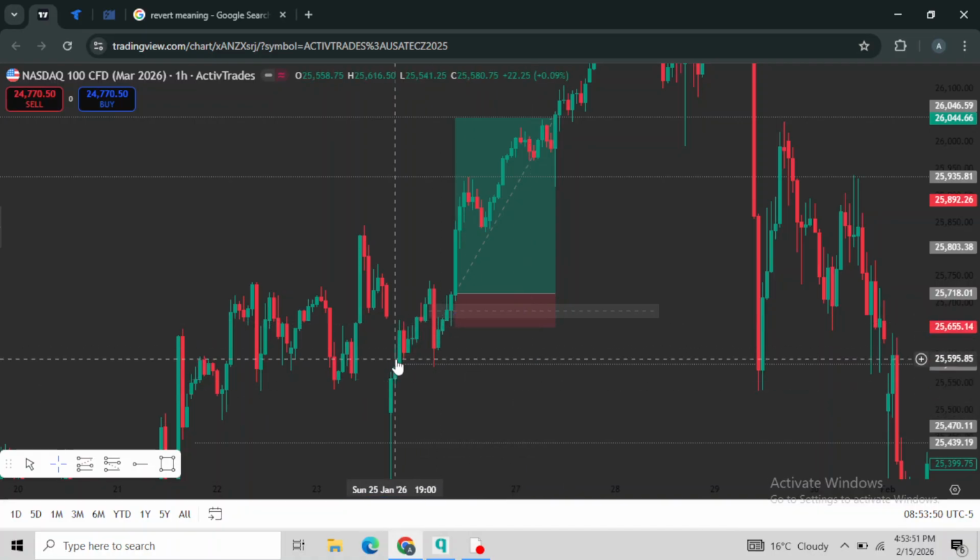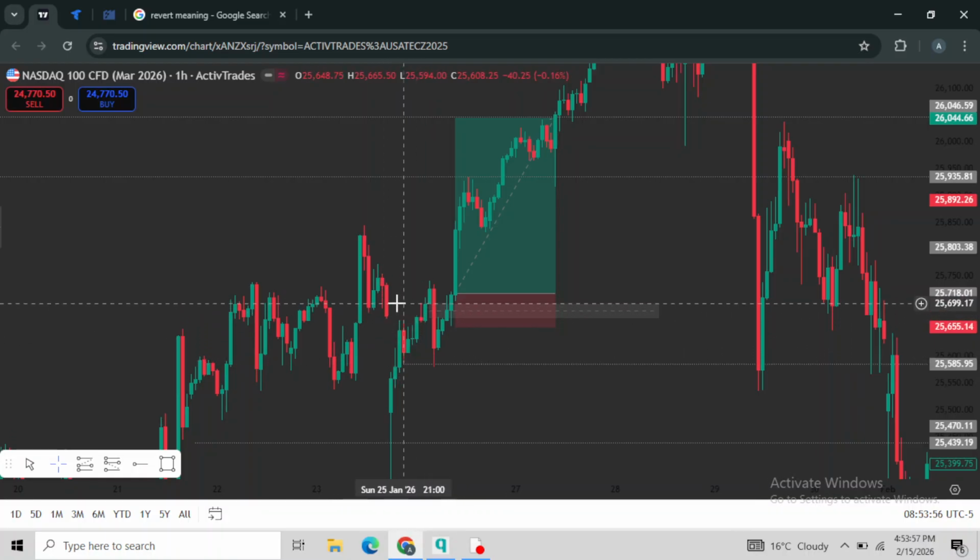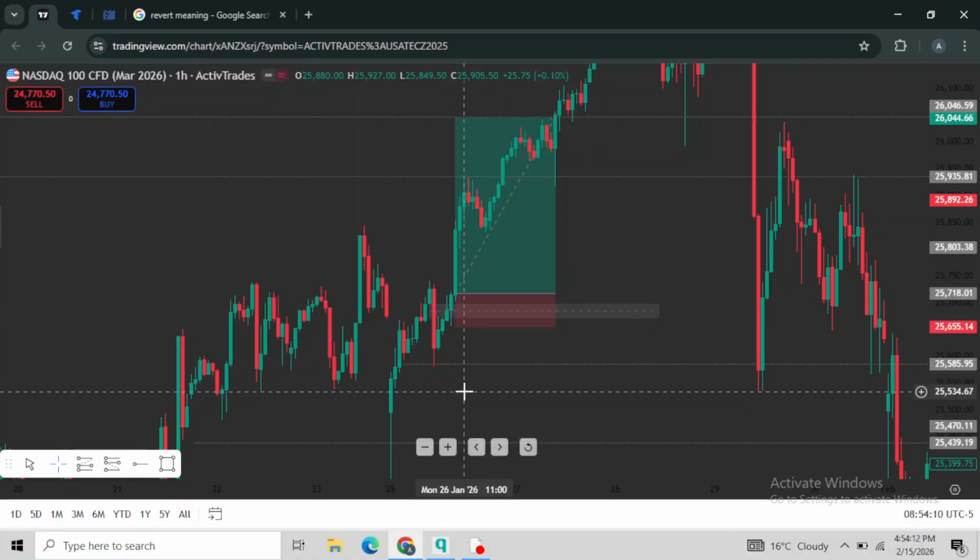When price sweeps this 1 hour sell side liquidity, it makes a bearish fair value gap. Now I am looking for price to fill this gap, and I need a 1 hour close above this gap before I can even consider taking buys. Why? Because price can just retest this and go lower.